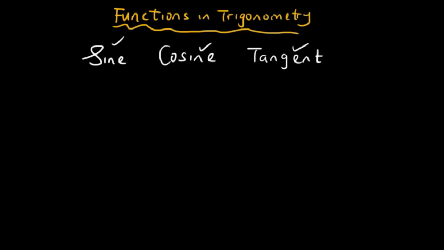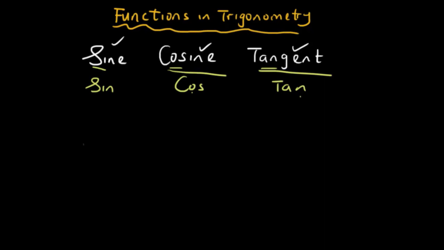The short form for sine is sin, the short form for cosine is cos, and the short form for tangent is tan. We just take the three letters that start the word. Sin, cos, and tan. These are the three functions we have in trigonometry.